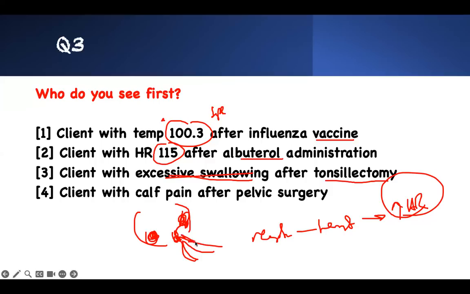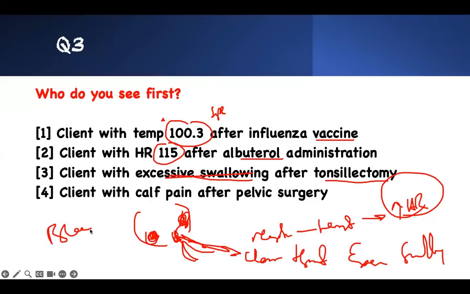And when it comes here, you swallow it. You keep on swallowing. So clearing of the throat and excessive swallowing is an indication of what? Bleeding. Once again, anybody with tonsillectomy that tries to clear their throat multiple times, or has excessive swallowing, that means they're bleeding. They swallow the blood so that they don't get choked.